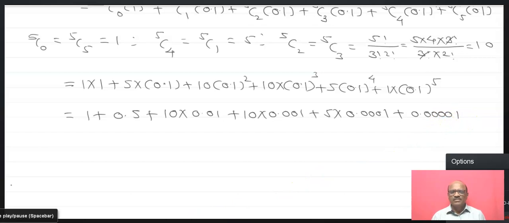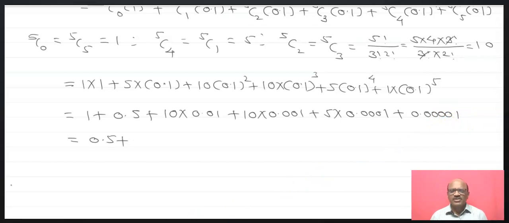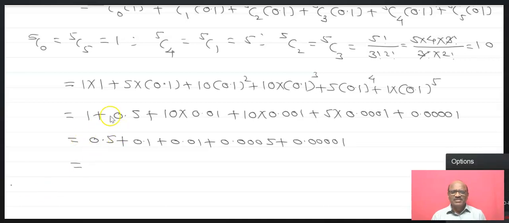Now you can perform the multiplication. Again, I forgot to write that one. I will write it in the next step. Now see this here, that is 1 plus 0.5. That is 10 into 0.01. This is 0.5. 10 into 0.01 is 0.1.